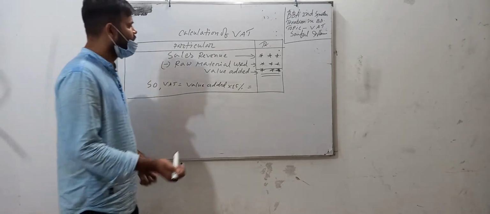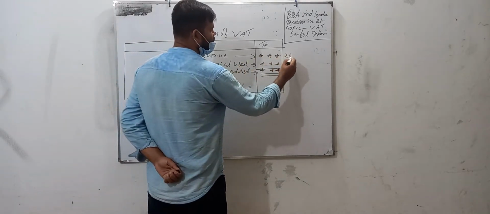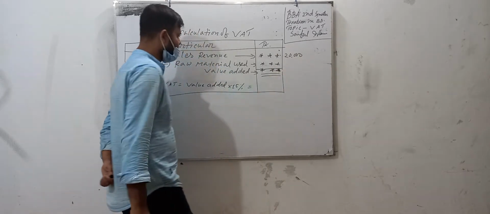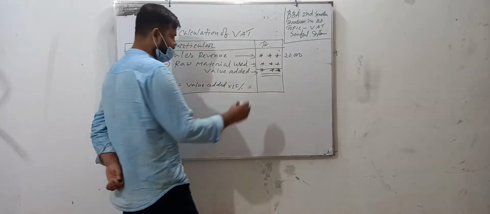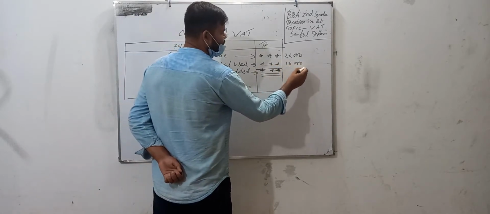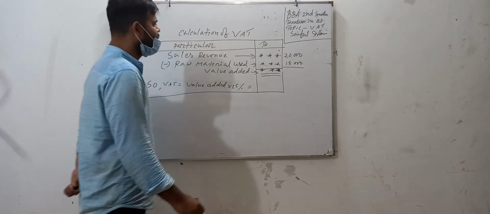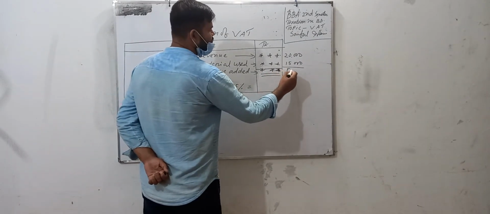Suppose sales revenue is 20,000. Raw material used is 15,000. Then value added will be 5,000.